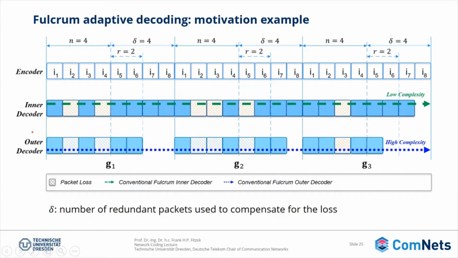However, if the receiver chooses to decode with the outer decoder, the number of coded packets needed to decode a generation is less than with the inner decoder, but the complexity is much higher. So we can see the trade-off between the number of transmissions and complexity.